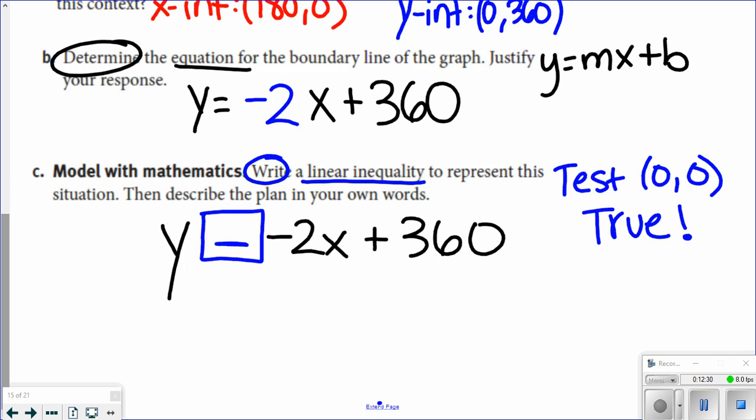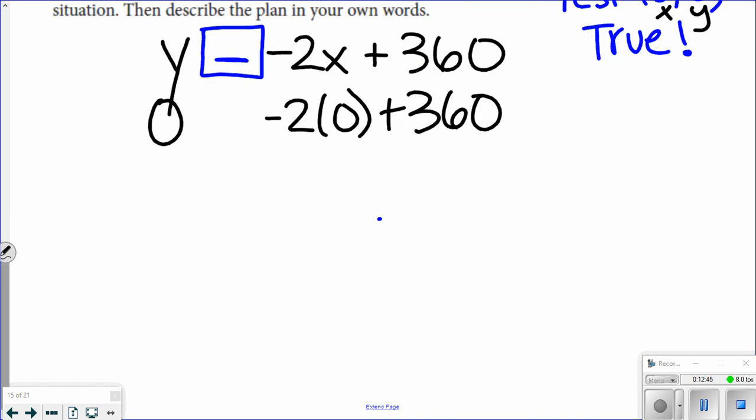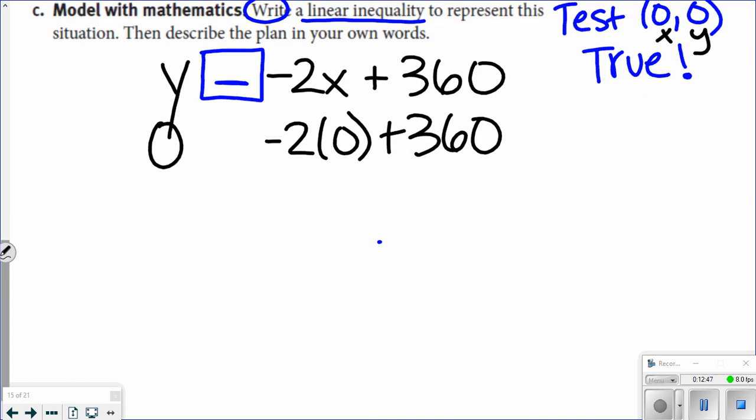So if I put a 0 in for x and a 0 in for y, it looks like this. And anything times 0 is just 0. So I get 0 and 360 because those cancel out.